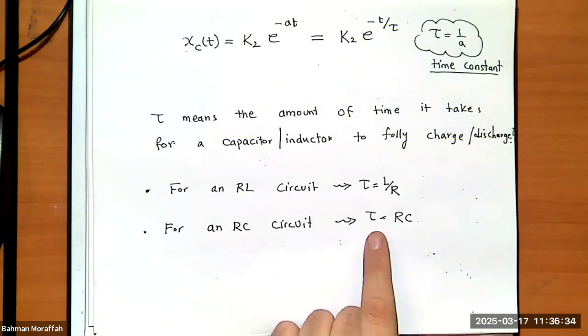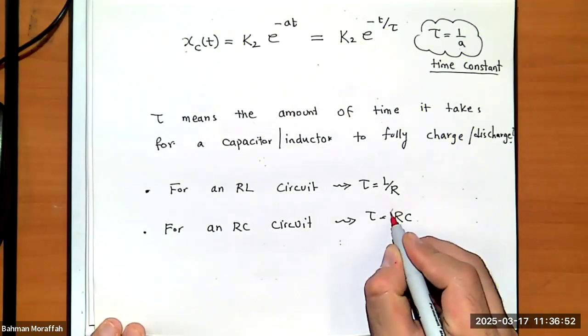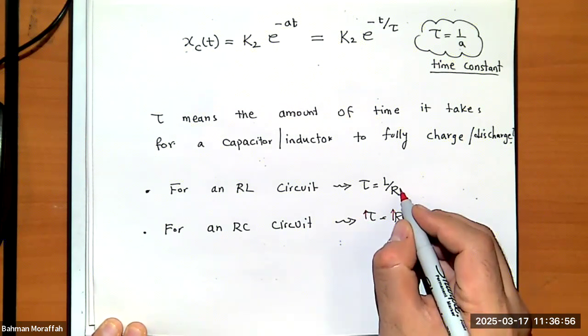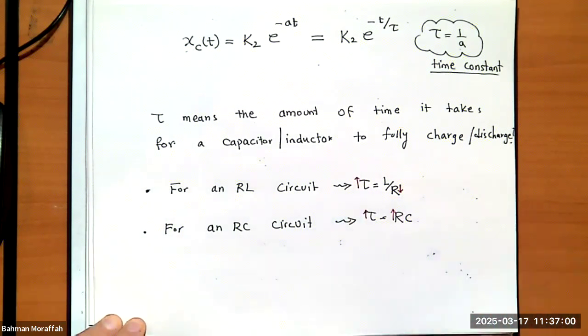I can say the same thing for this RC circuit. If R is bigger, it means that tau is bigger. If tau is larger, it means that it takes a longer time for an RC circuit to fully charge or discharge, right? So I have basically this relationship. R bigger, tau bigger. R smaller, tau bigger, right?